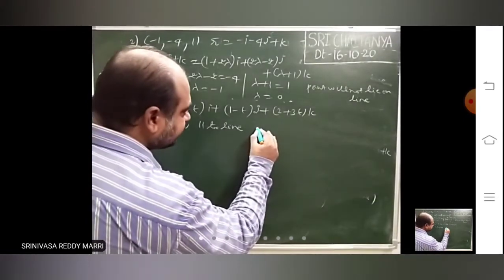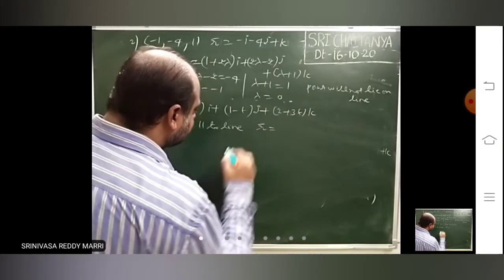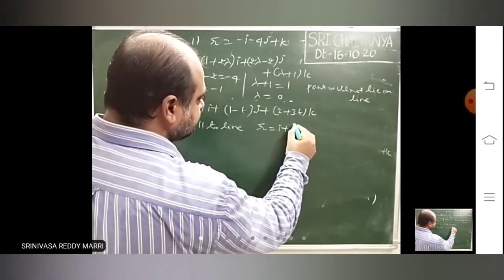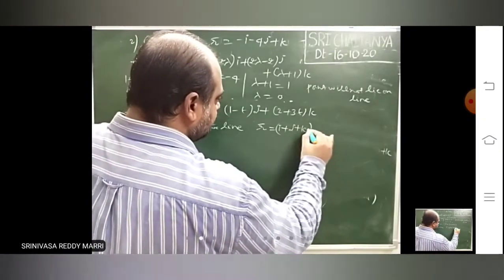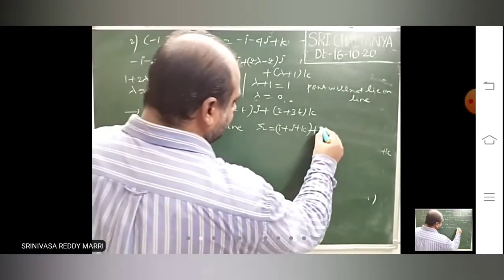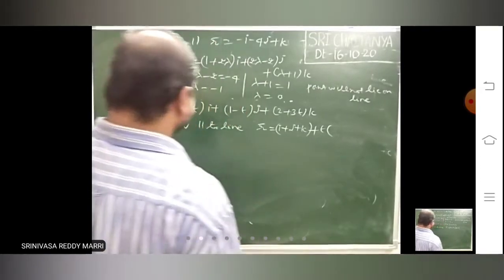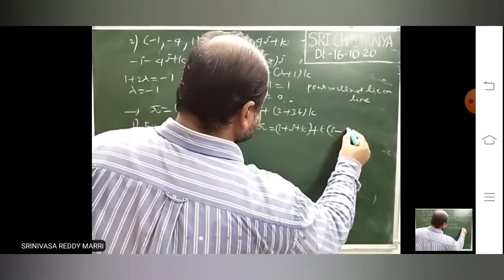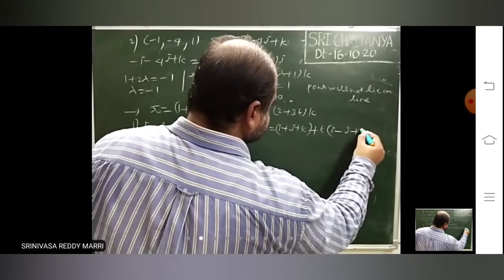So first, for finding that, convert to the standard form. That means i plus j plus k plus t, you take common, i minus j plus 3k.